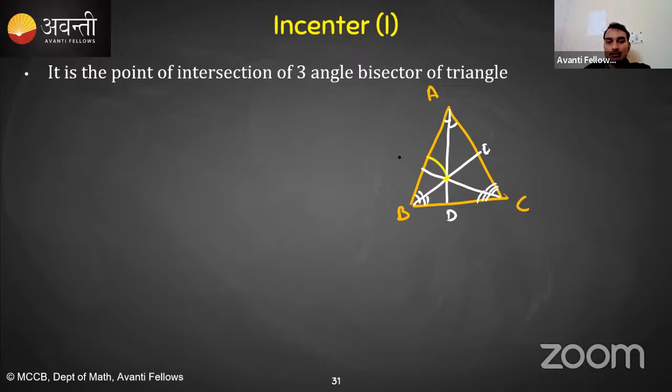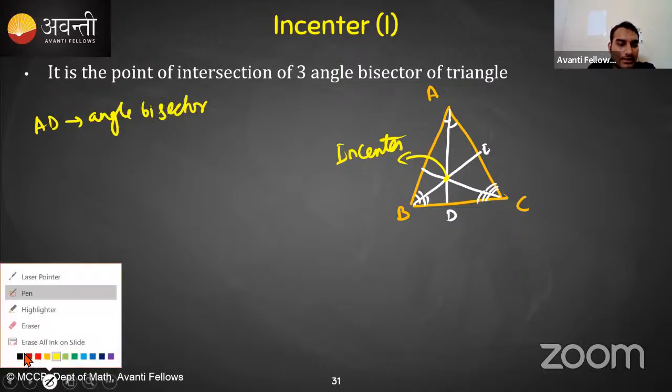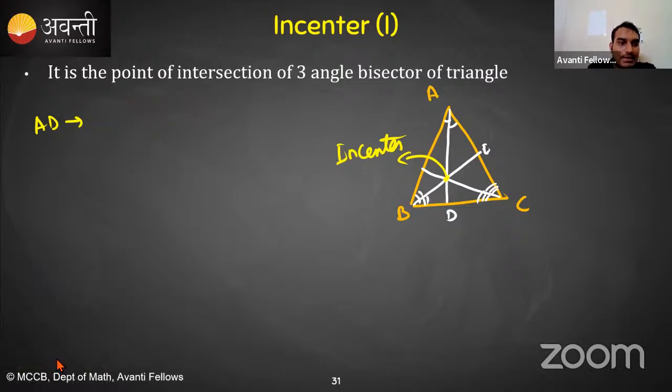So this common point is the incenter. That is the meaning. What is the incenter? The point of intersection of the three angle bisectors of a triangle. Means, what is AD?